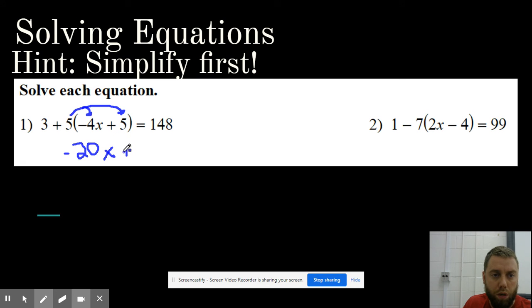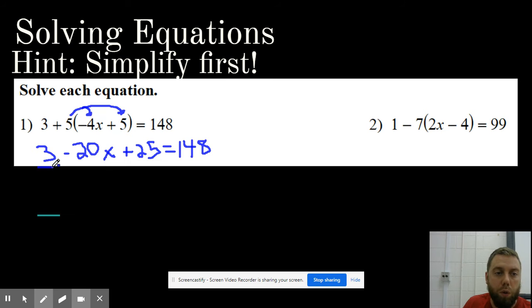5 times 5 is 25. And this 3 we haven't touched, so we're going to leave that 3 just as it is and move it down. Okay. Now we also haven't touched this equals 148, so we're just going to move that down exactly as we see it. If we haven't done anything to it, we move it down.